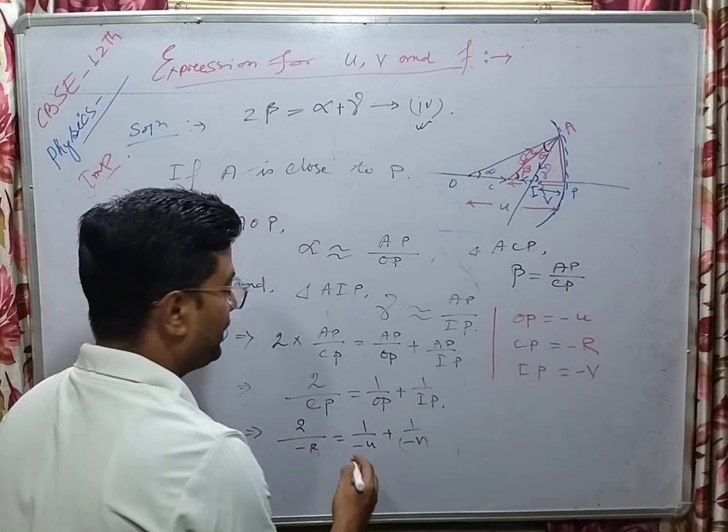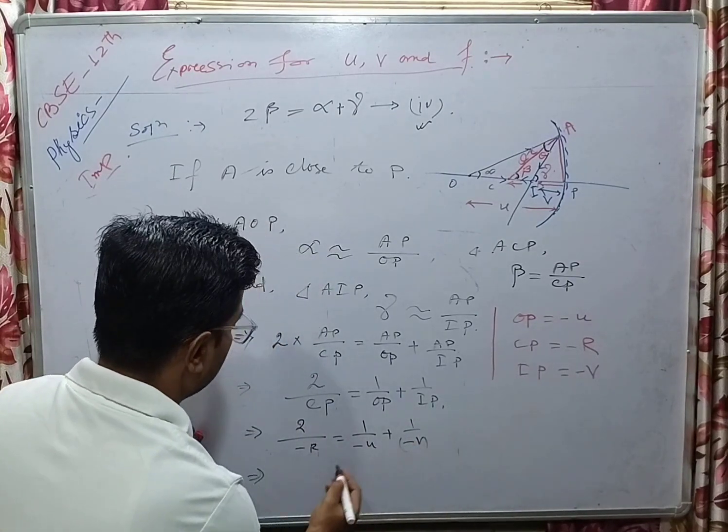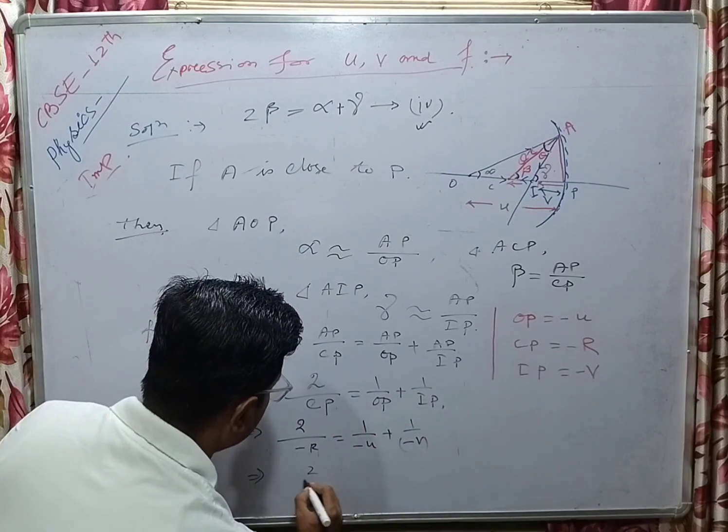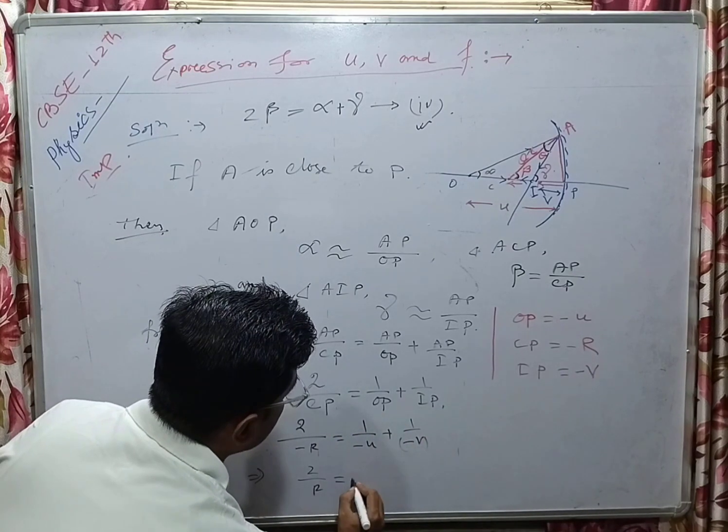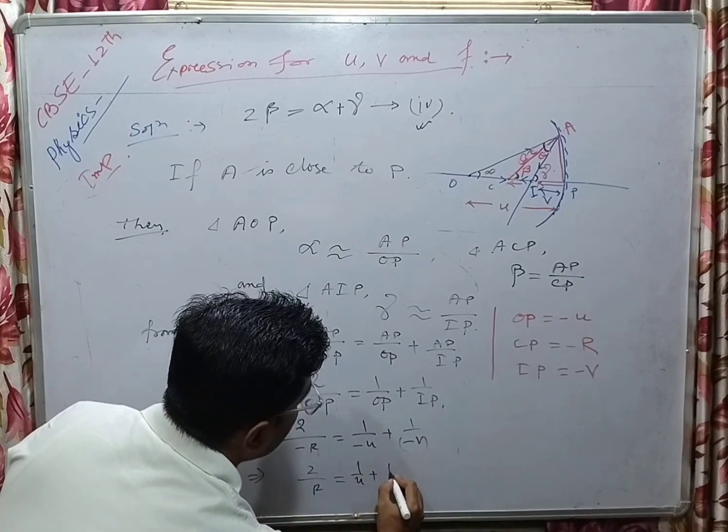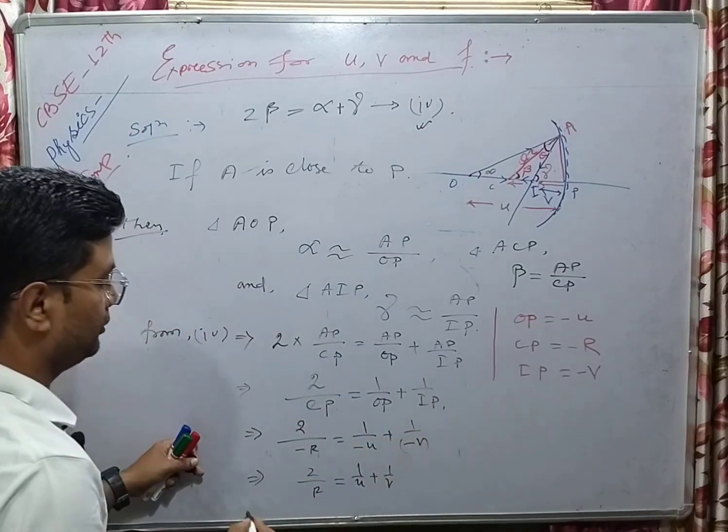If I multiply minus on both sides of the equation, it becomes 2 by R is equal to 1 by U plus 1 by V.